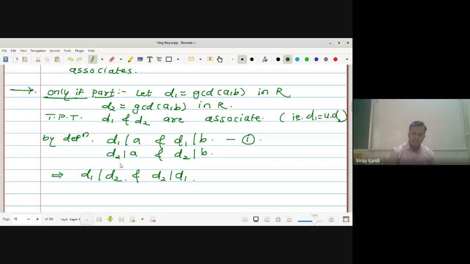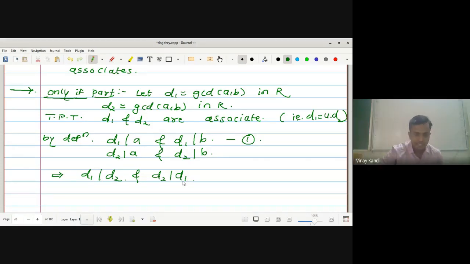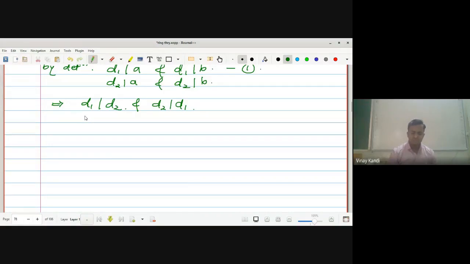And now for this one, D2 is the GCD of A and B, so D2 divides A, D2 divides B. If there exists an element C which divides both A and B, now I am taking C as D1. Hence D2 must divide D1. Any doubt? No, sir. We only used the GCD definition.